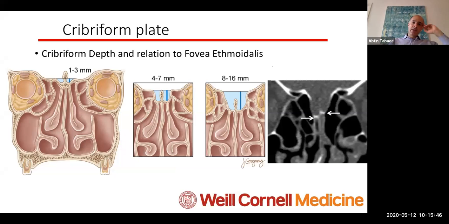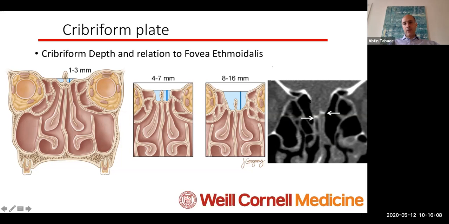The Keros classification for the depth of the cribriform plate has historically been and still is an important discussion point. While the millimetric numbers shown here have some value, especially in terms of research and stratifying people into high risk or low risk, I think the spirit of the Keros classification is the most important thing when you apply it to a patient.